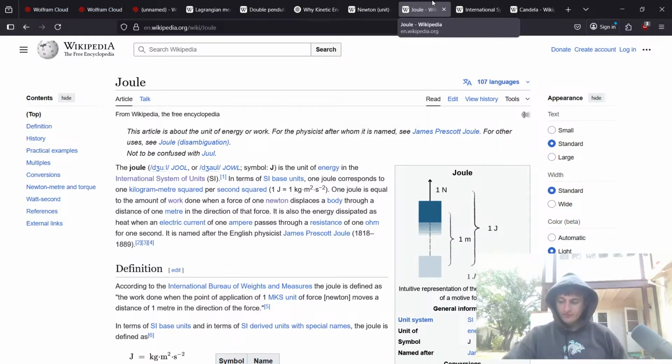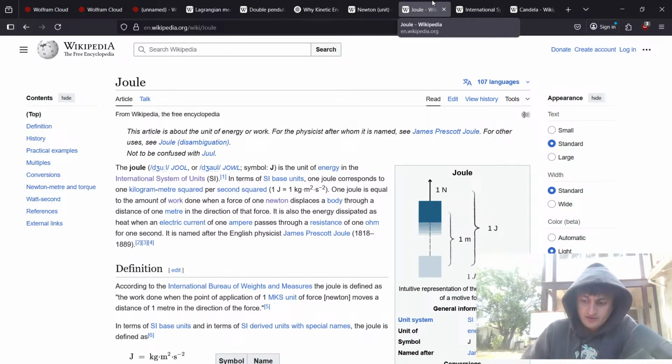It's the amount of work done when a force of 1 Newton is applied and displaces a body through a distance of 1 meter.